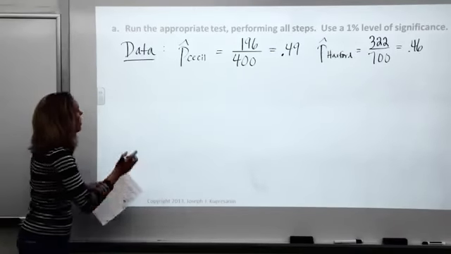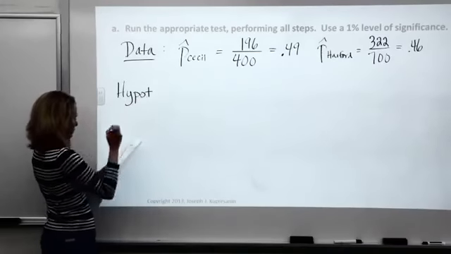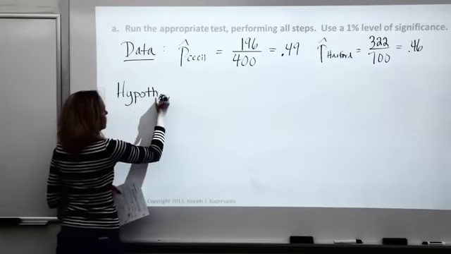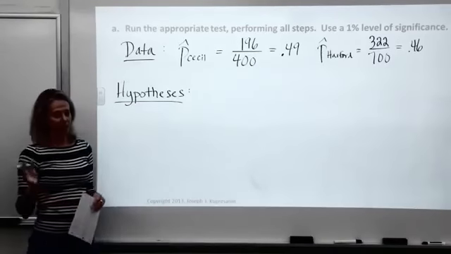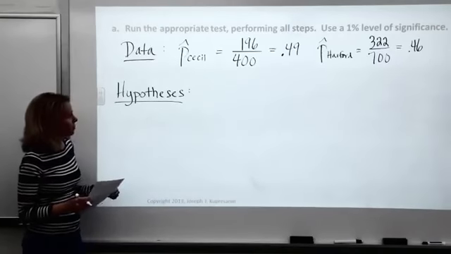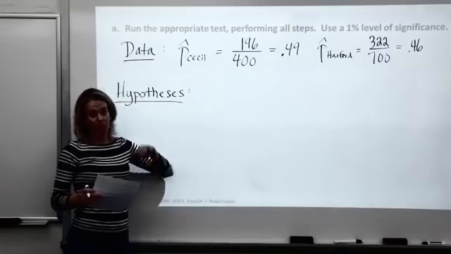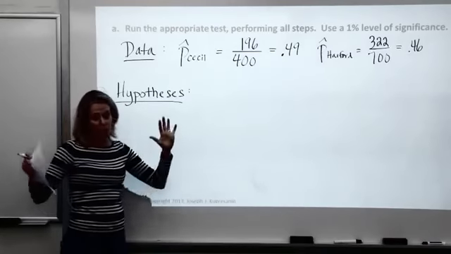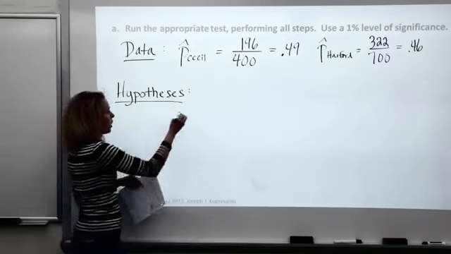So let's set up our hypotheses, and then we will check to make sure that the conditions for hypothesis testing have been met. For hypotheses, it's a proportion problem. We've got two populations we're comparing, Cecil and Hartford, so it's a two proportion problem.